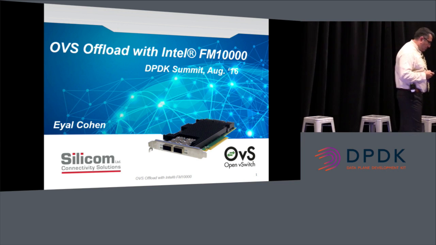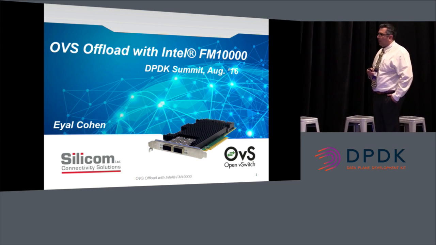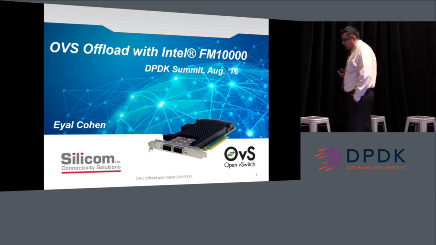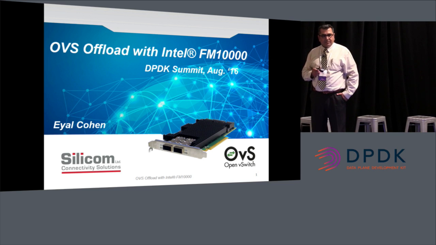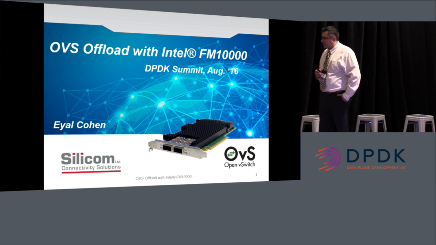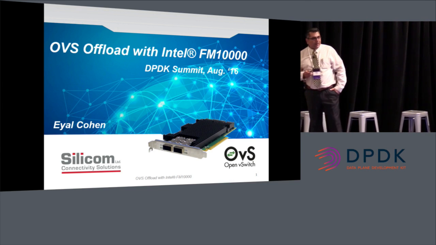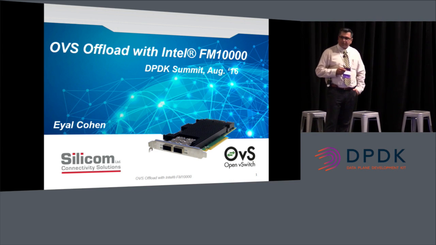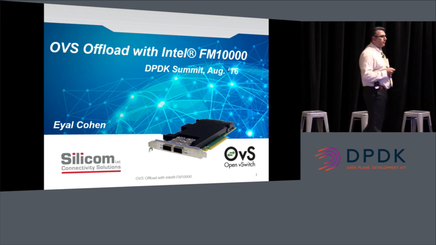Back in Silicom, we have our lab where we examine and we do some tests with all sorts of technologies. And in this presentation, I will discuss two activities that we're doing there.